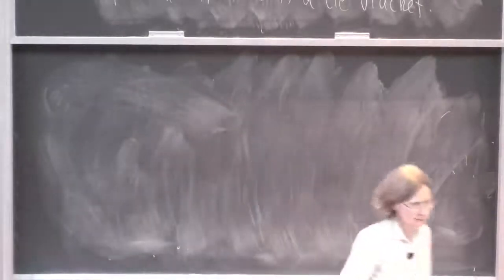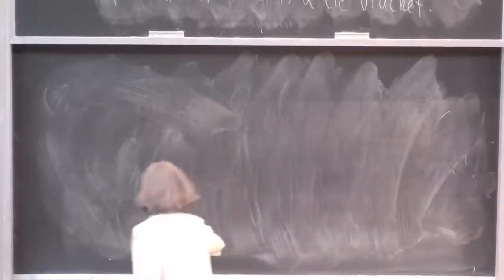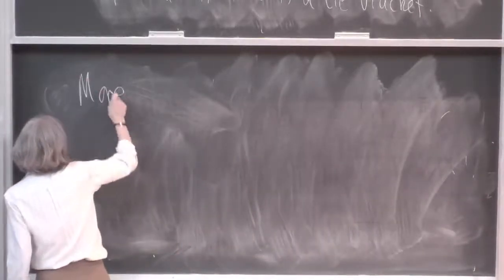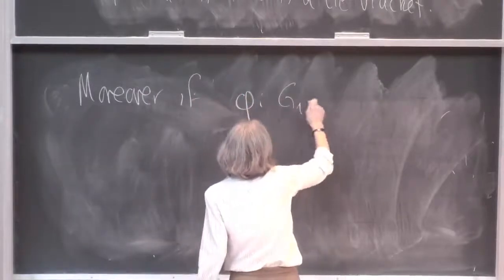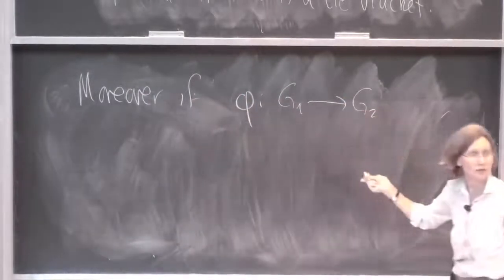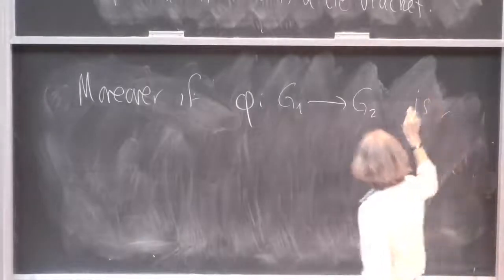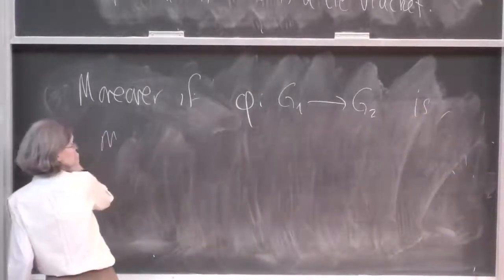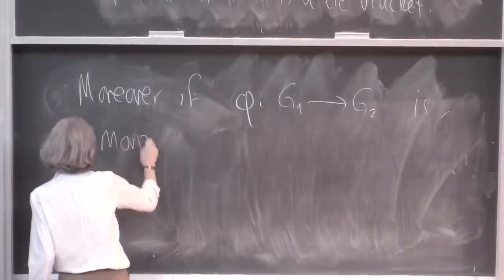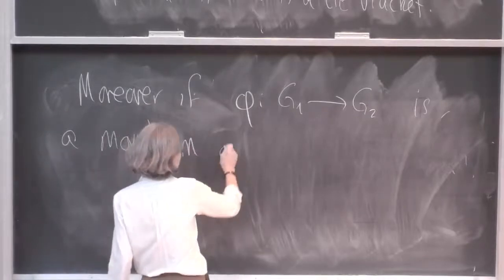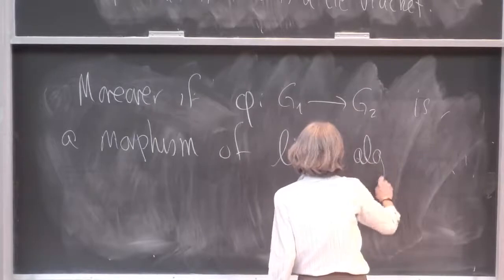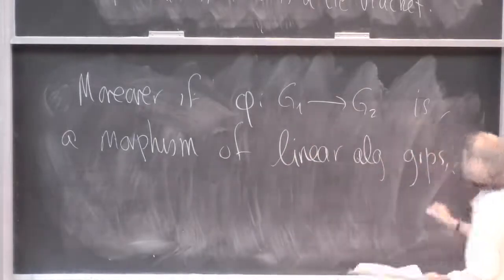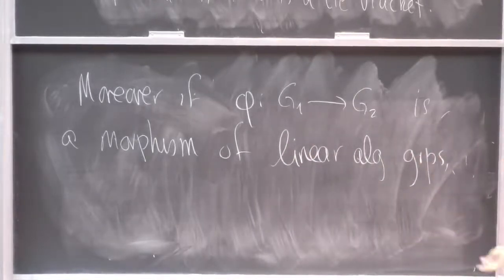So if phi is a morphism of linear algebraic groups, then it has a differential between the tangent spaces.